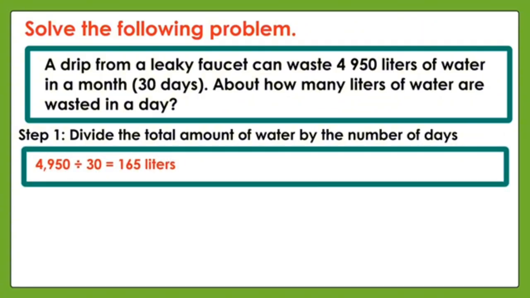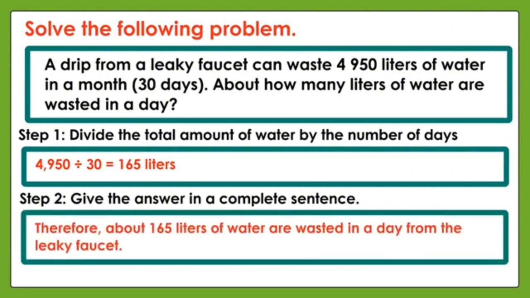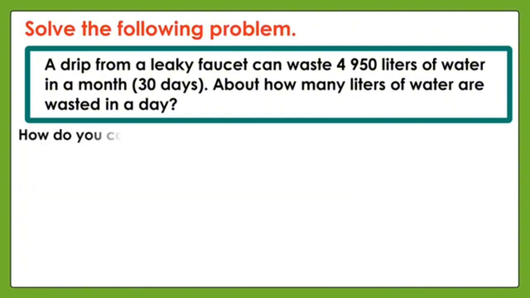The answer, 4,950 divided by 30 is equal to 165 liters. Step 2. Give the answer in a complete sentence. The answer, therefore, about 165 liters of water are wasted in a day from the leaky faucet.